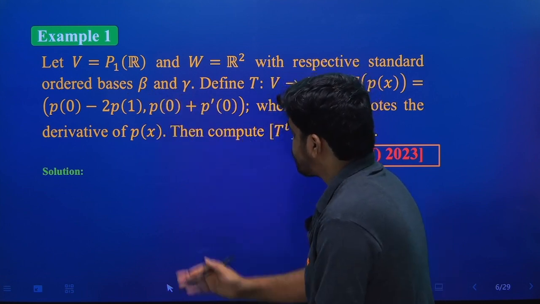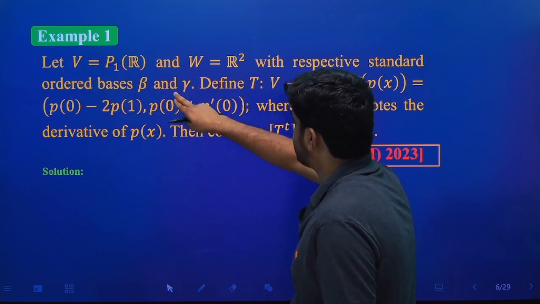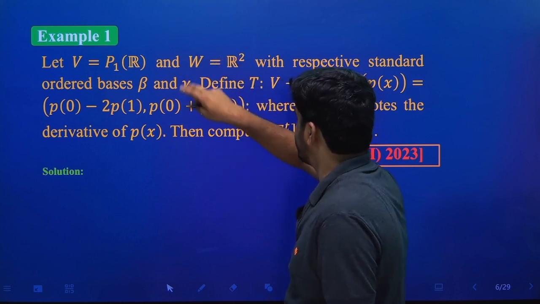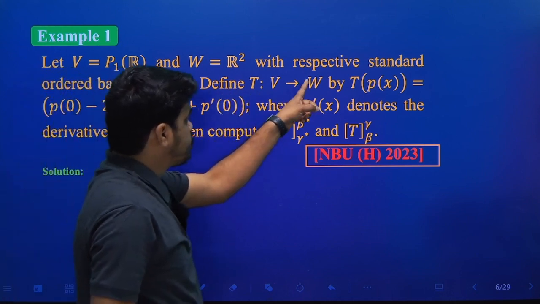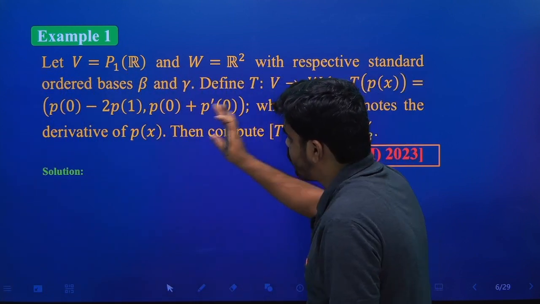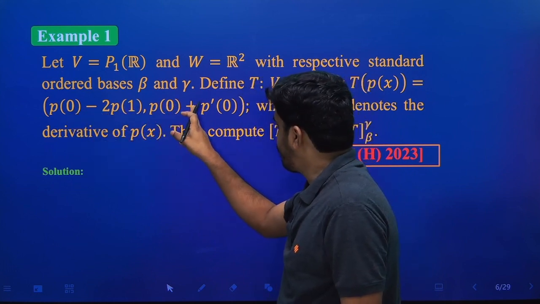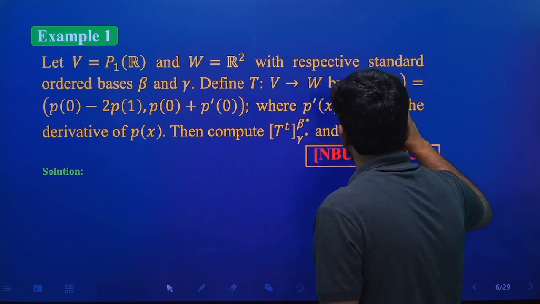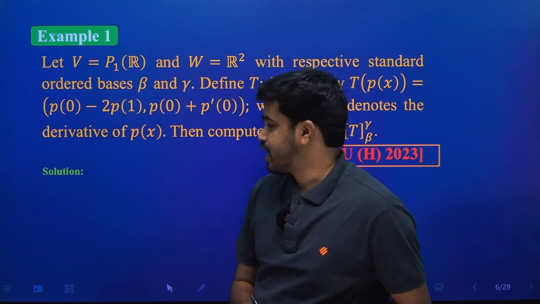That means beta is the standard basis for V and gamma is the standard basis for W. Define a linear map T from V to W by T(p(x)) = (p(0) - 2p(1), p(0) + p'(0)), where p'(x) denotes the derivative of p(x).